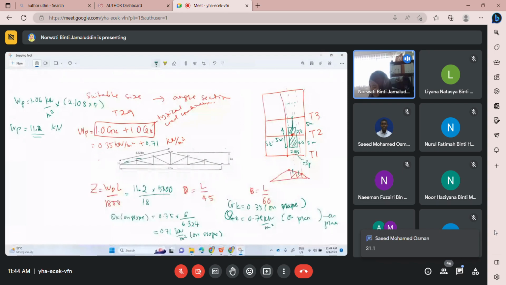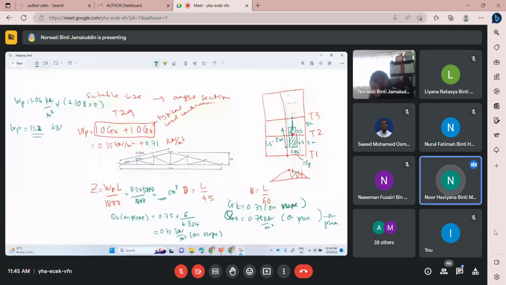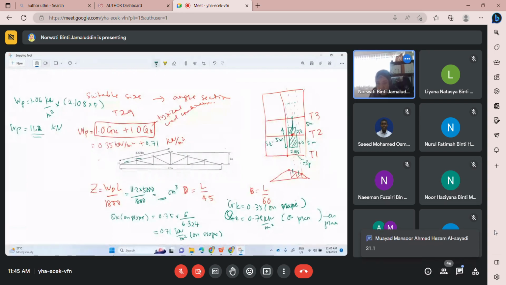Berapa? 31.1. Okay. That is the minimum value for modulus of elastic. Z is modulus for elastic.